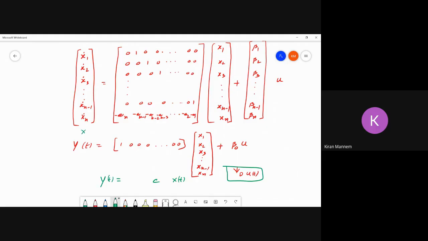And here we know that x dot of t is equal to A into x of t plus B into u of t, right? So this is about the second case, which has derivative values.